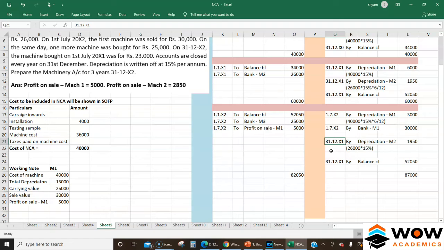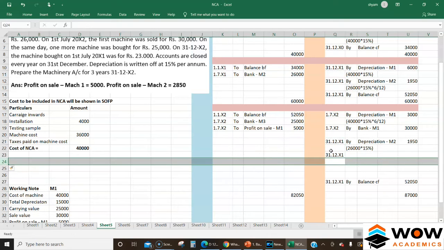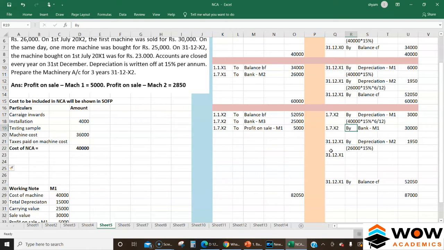As we are selling, we leave some more space and put it again by bank. This time we are selling machine number 2 for 23,000. So machine 1 has been shown here, and machine 2 is being shown here.